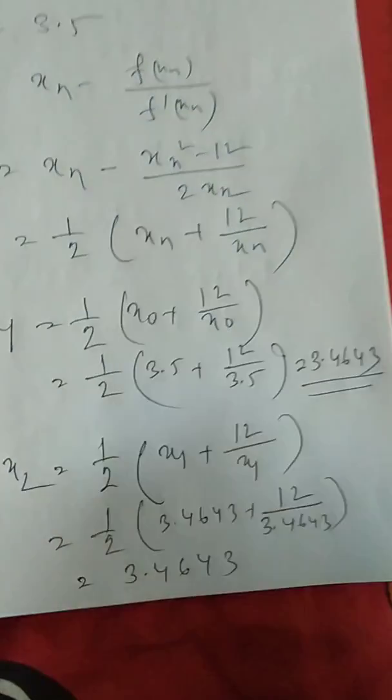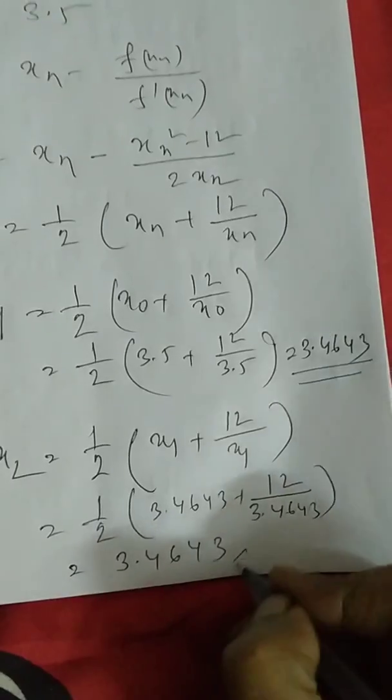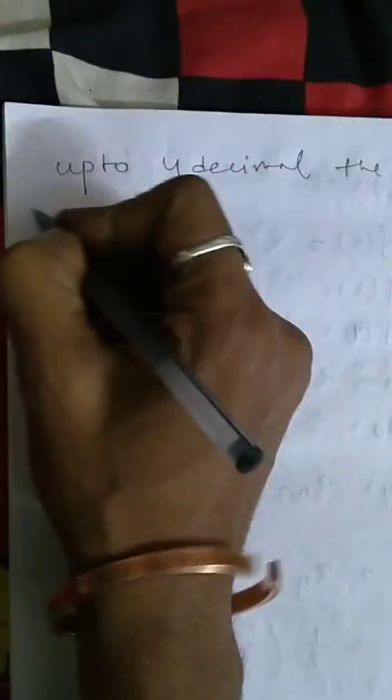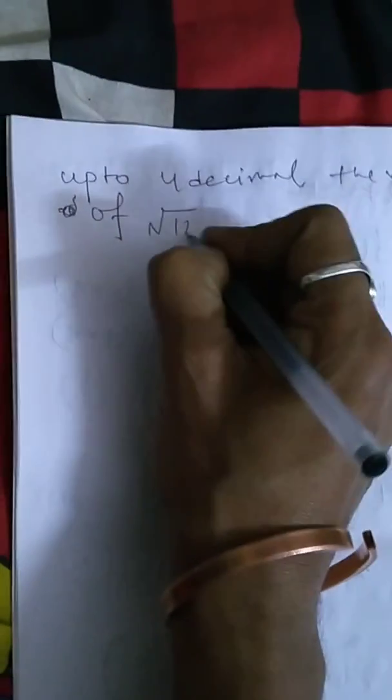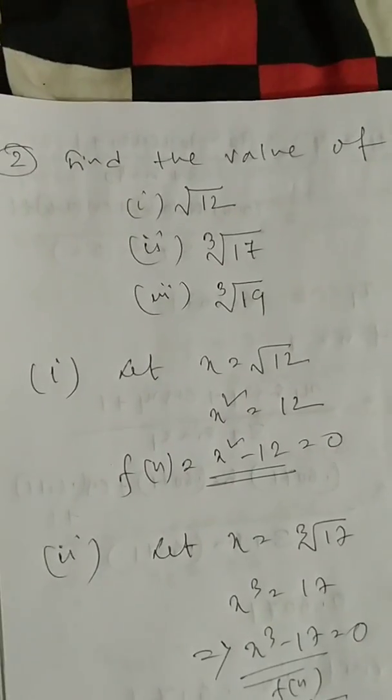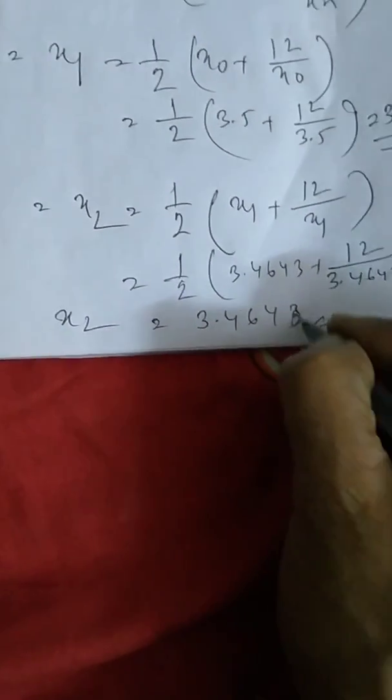So here x1 is 3.4643, and in the next step x2 is 3.4641. Sorry, here we made a mistake in the fourth decimal: the answer comes up to 3.4641.